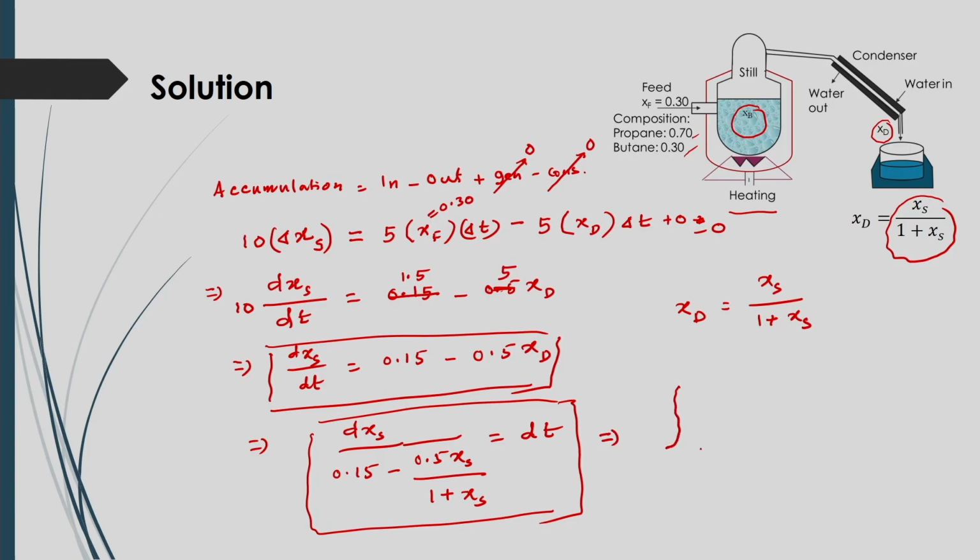So we write the integration of dxs by 0.15 minus 0.5 xs by 1 plus xs, with xs changing from 0.30 to 0.40, equal to the integral from 0 to t of dt. At t equal to 0, initially the still concentration is 0.30, and you have to find the time t at which xs becomes 0.40.